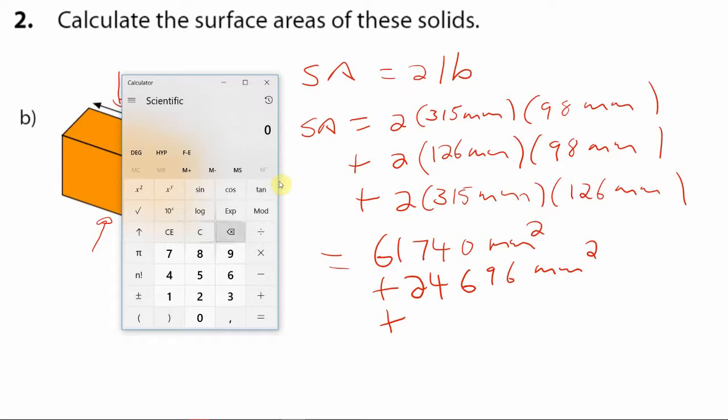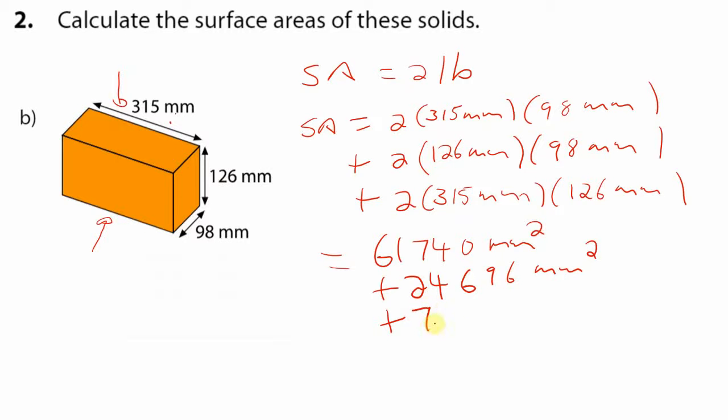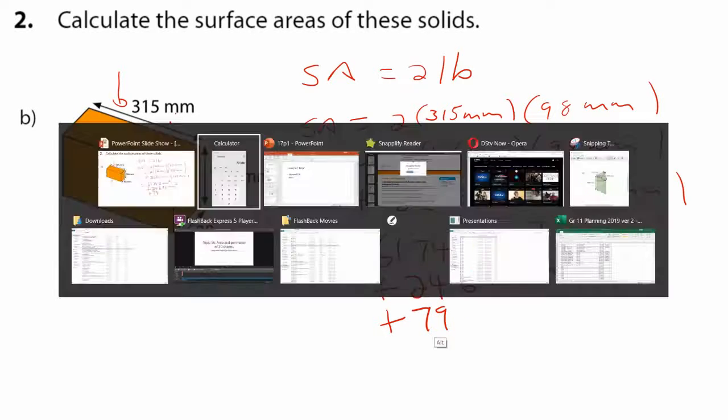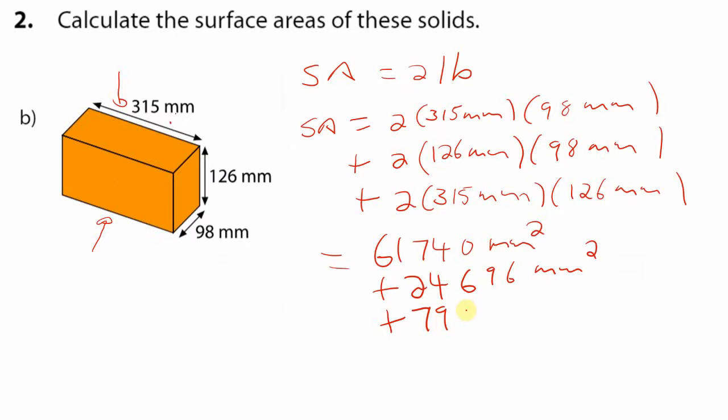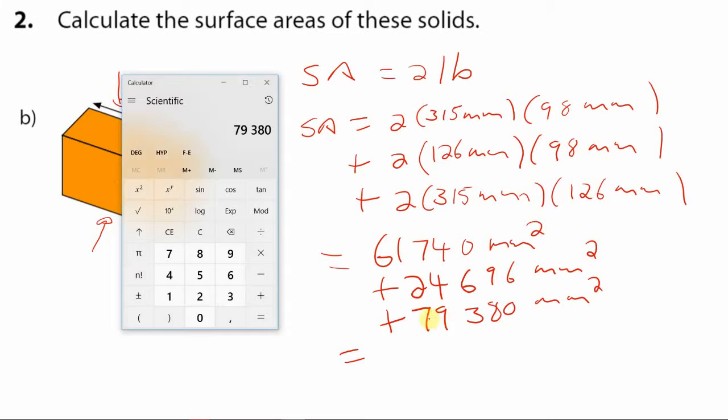we have 2 times 315 times 126, which is 79,380. Millimeter times millimeter is square millimeter. So all our square millimeters, we can therefore add up the 3.